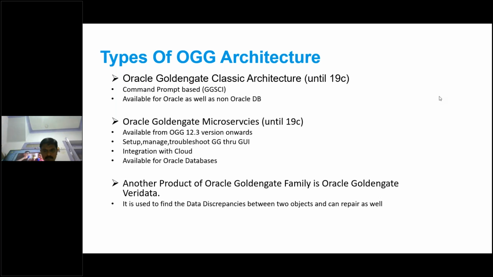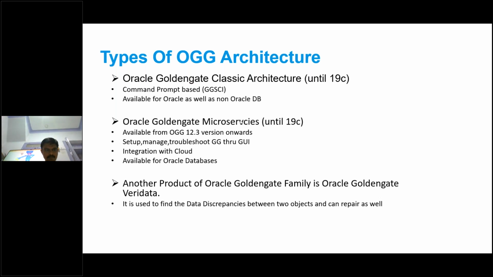Another thing: if you are looking to be Goldengate certified, you get 60 to 65% of questions from classic architecture, microservices contains 15 to 20%, and 10 to 15% of questions come from Veridata. So this is how it goes.